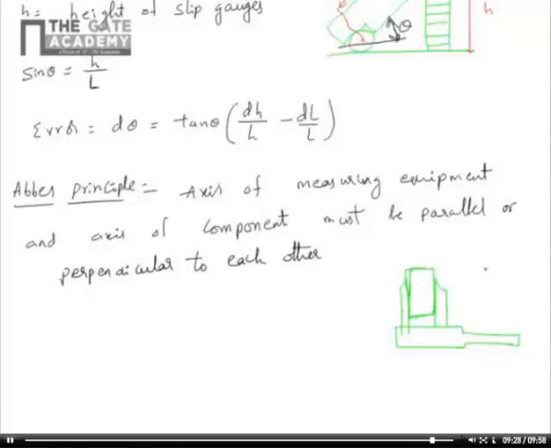If you want to measure the chalk piece diameter, this is the axis of the chalk, and this is the vernier calipers axis, so both axes are perpendicular. If you measure length, turn the chalk, then both axes are parallel. Here is one example of Abbe's principle.